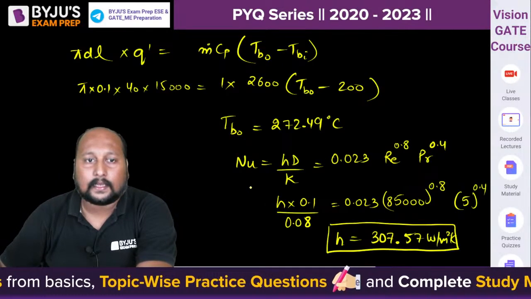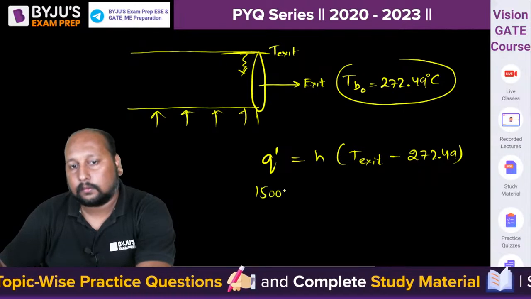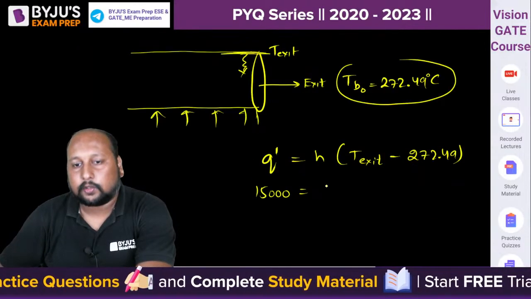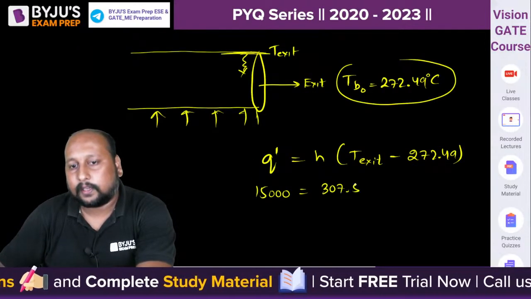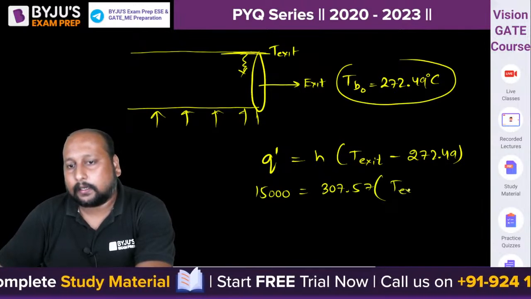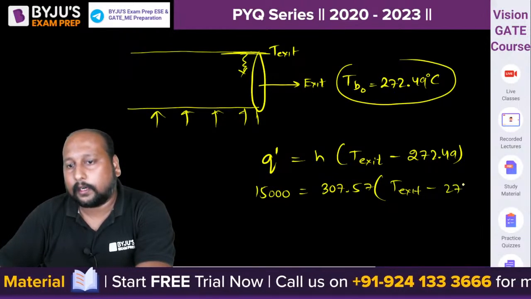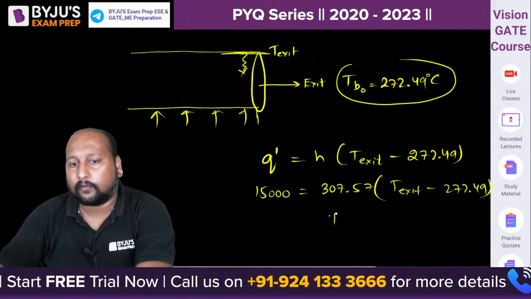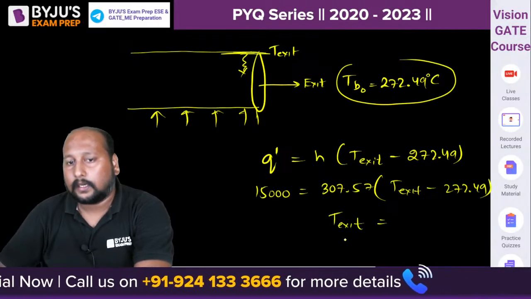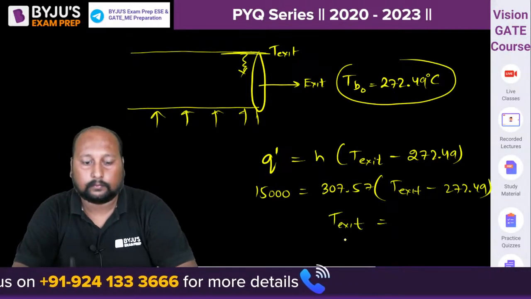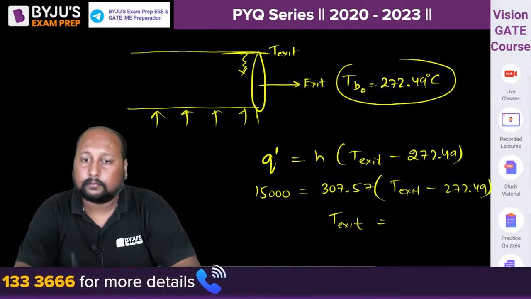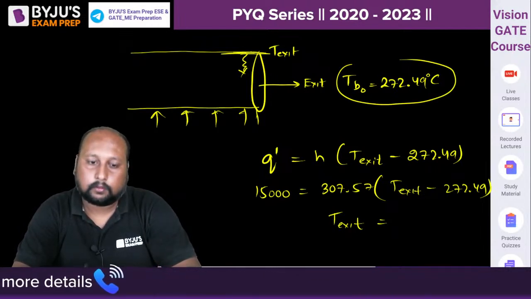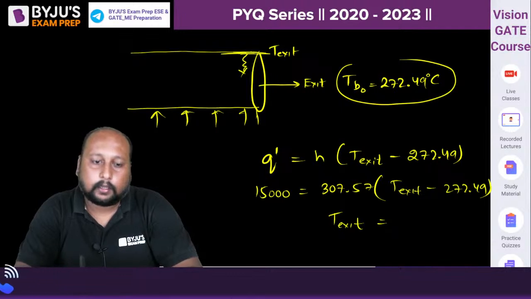This is given as 15,000, h value I calculated 307.57, T exit minus 272.49. Can you tell me what is the value of T exit? T exit is 321.49.